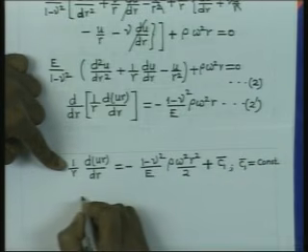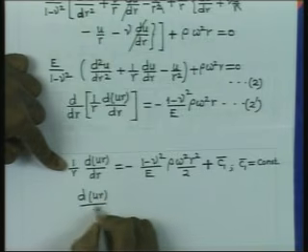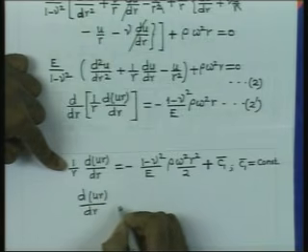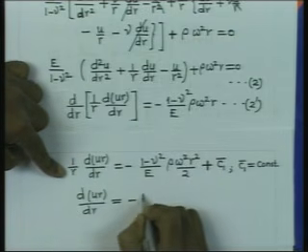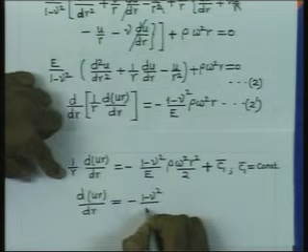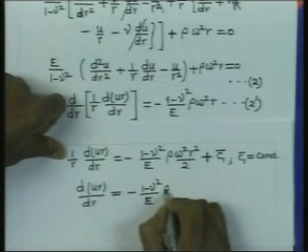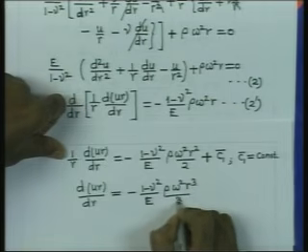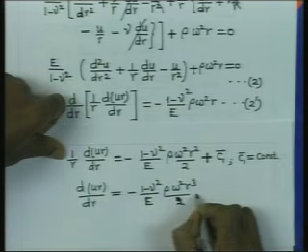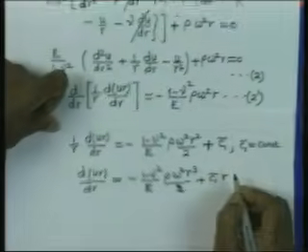Further, we can do d(ur) dr equal to minus 1 minus nu square by E rho omega square r square by 2 plus C1 bar into r.